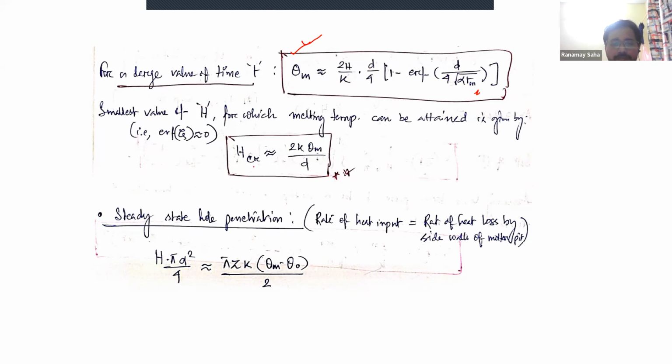Now this is the H critical value, the minimum heat intensity required to reach the melting temperature. This can also be asked in your paper. Then you have a steady state hole penetration case, which happens when the rate of heat input becomes equal to the rate of heat loss by the side walls of the molten pit. This is the energy balance equation, which you can note.